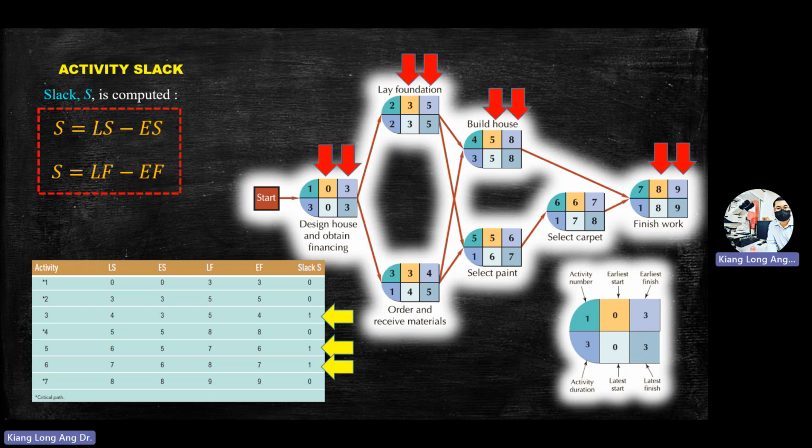Second, you take LS minus ES, LF minus EF; you get 0, then that is the critical path. Or the same number in ES and LS, the same number in EF and LF. So three methods of finding the critical path: slack time, the numbers inside the box, or the normal calculation.